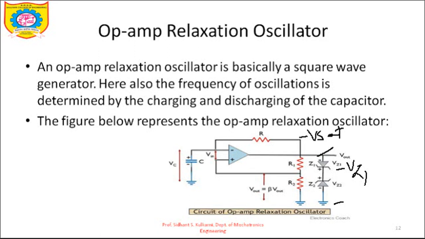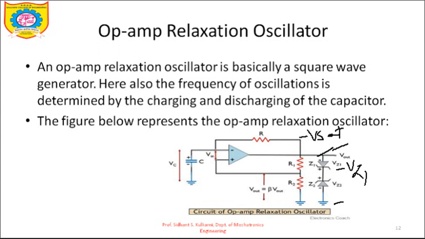Because we are taking the output voltage across ground and V out, and V out is at minus V sat, the cathode of this diode is connected to the positive polarity, that's why it will be minus VZ1. So it will be decided by this Zener diode connection, and Zener diode 2, when it is at minus V sat, will act as forward biased, like a normal diode.